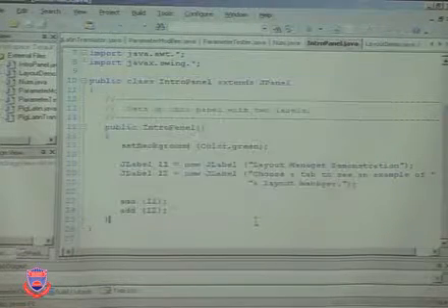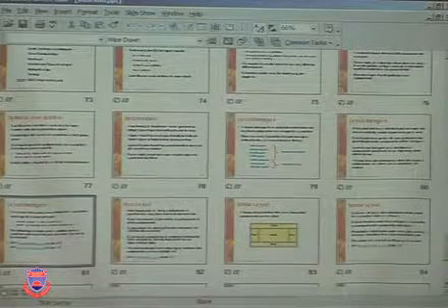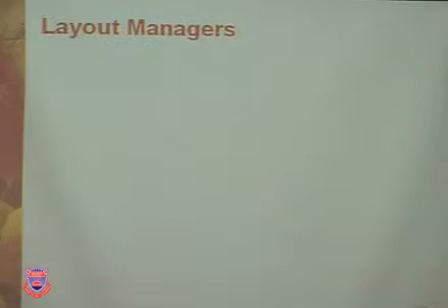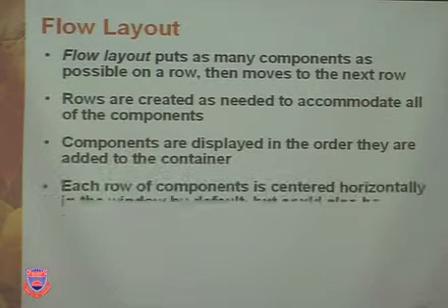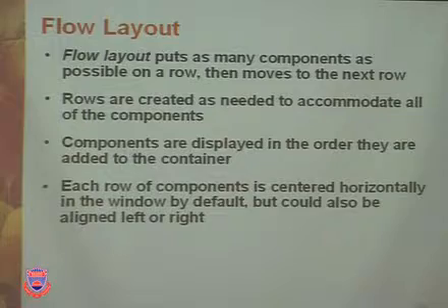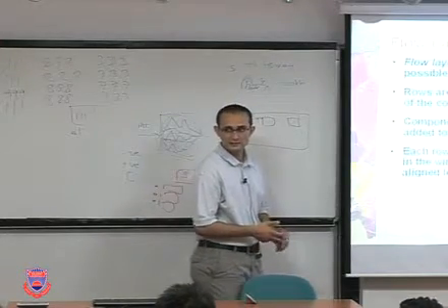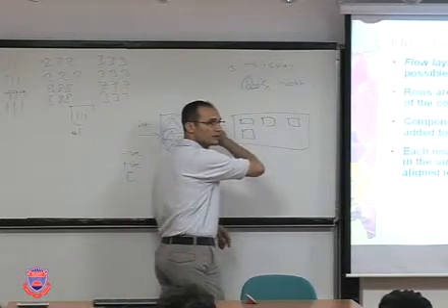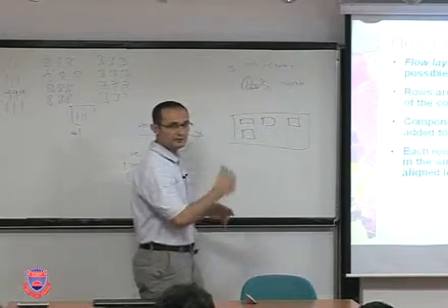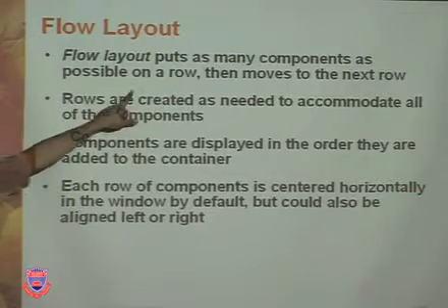So let's go into flow panel. So this is the actual default layout that we have been seeing so far. So it is basically the flow that I explained earlier. So you go from one row from left to right and then continue on the next row as you have additional components. So flow layout puts as many components as possible on a row, then moves to the next row.